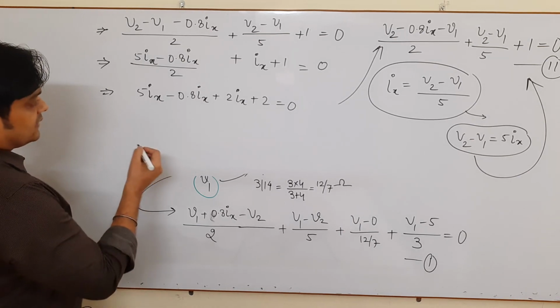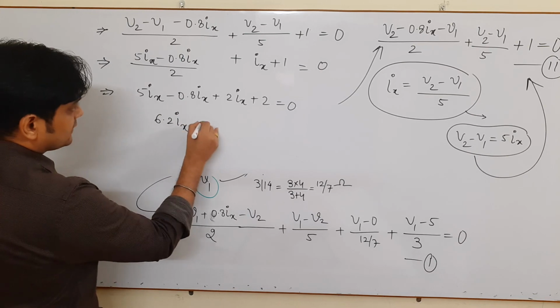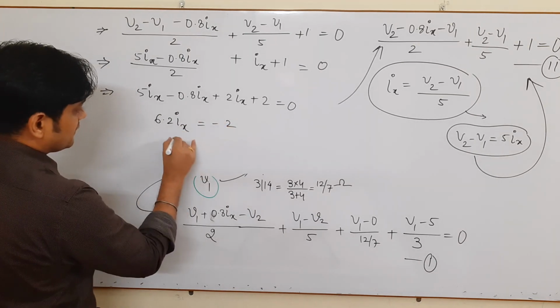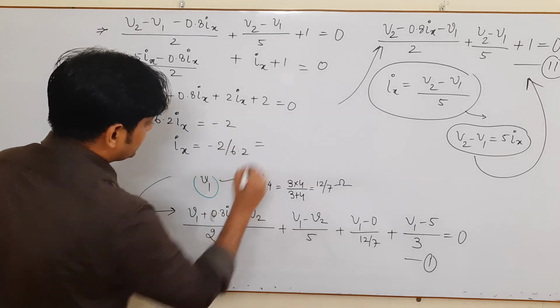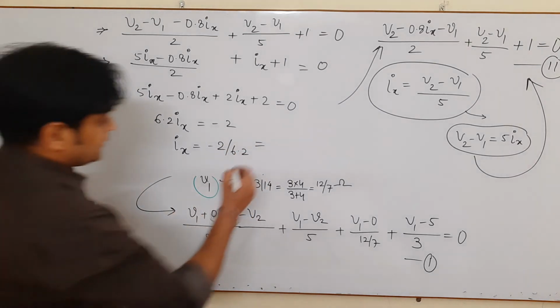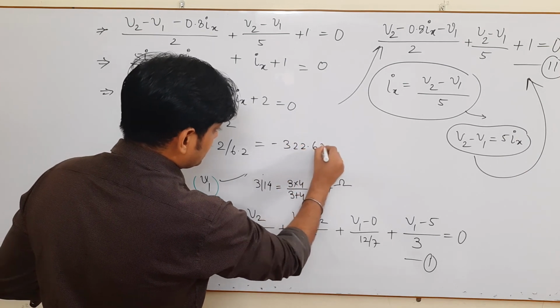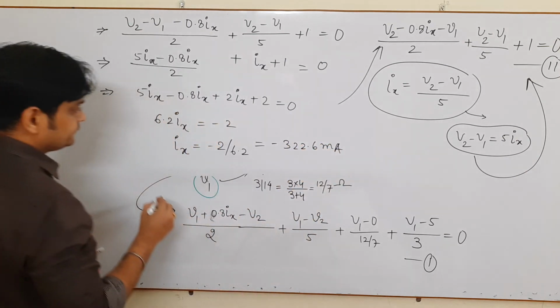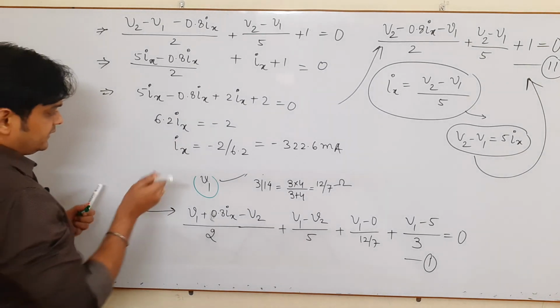So you can say it is 7 minus 0.8, that comes to be 6.2 Ix is equal to minus 2. The value of Ix comes to be minus 2 divided by 6.2, that comes to be minus 322.6 milliamperes. This is the value of Ix here.